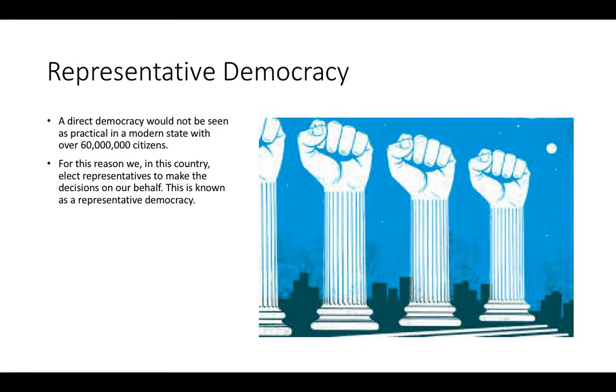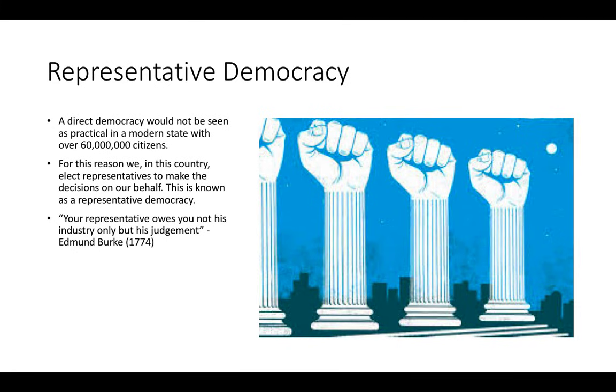So for this reason, what we do is we elect representatives to make those legislative decisions on our behalf. We choose who we want to represent us, and then they go and represent us in Parliament. This is known as a representative democracy. "Your representative owes you not his industry, but only his judgment" is a quote by Edmund Burke from 1774.